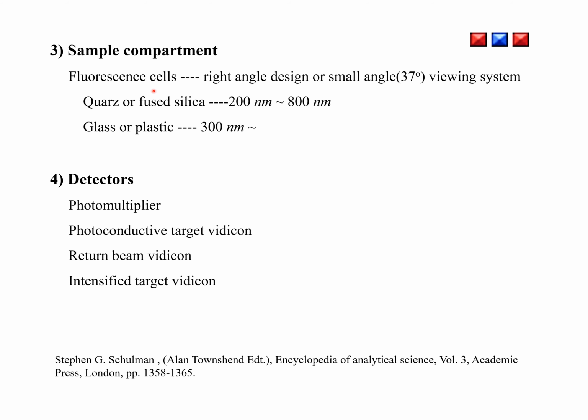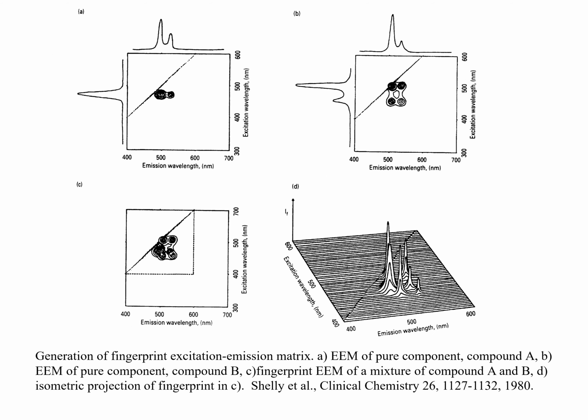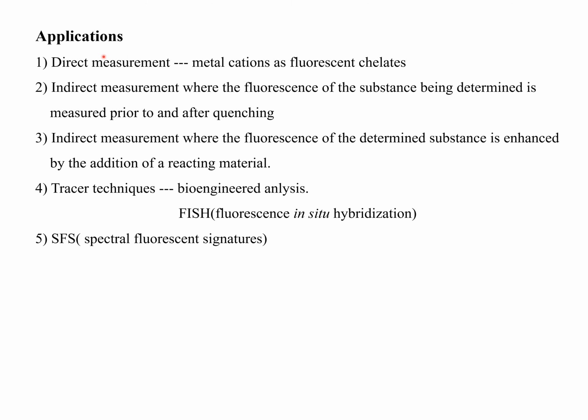Sample compartment: fluorescence cells, quartz or fused silica. Detectors: photomultiplier, photoconductive target, Vidicon. Applications: direct measurement, metal cations as fluorescent chelates.